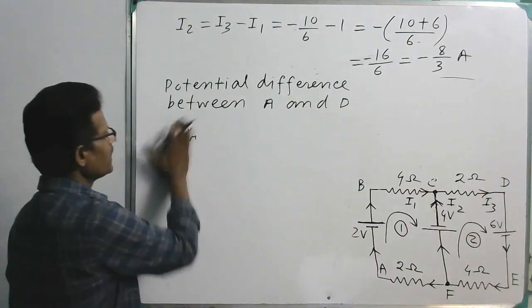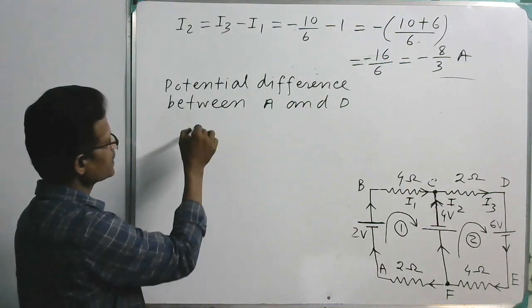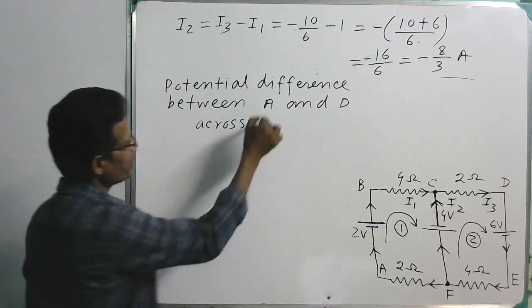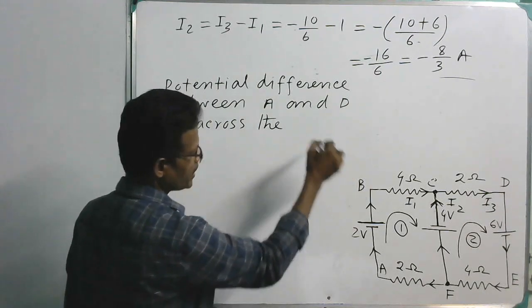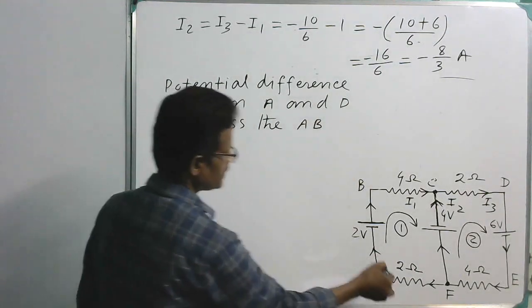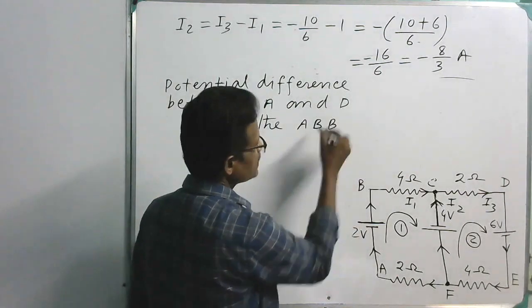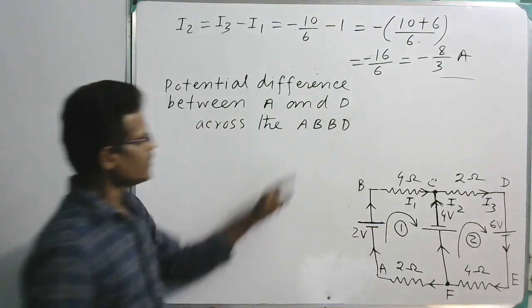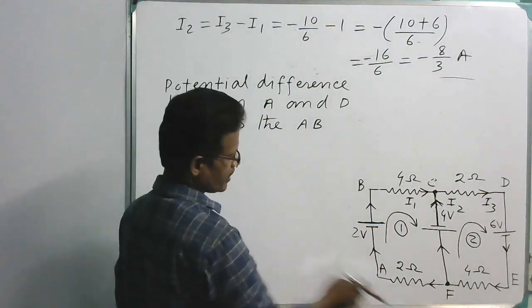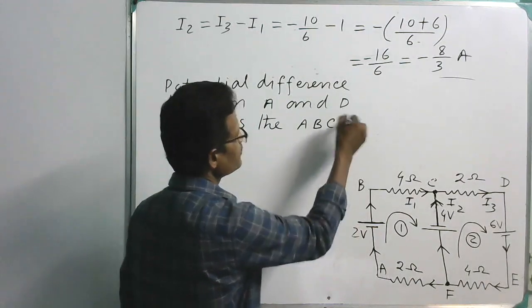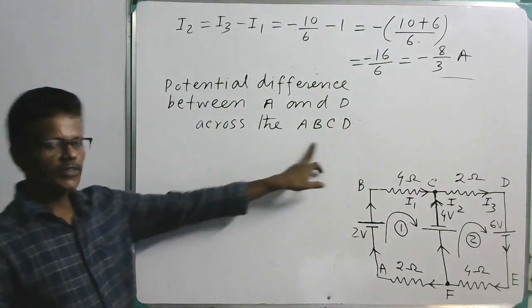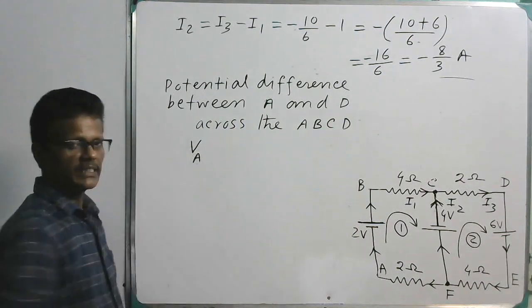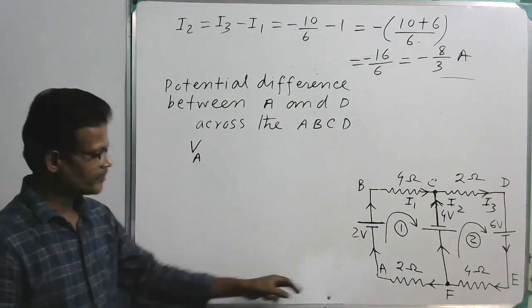So you can proceed in any way. Let us proceed across the path A B C D. So across the path A B C D, let the potential of point A be VA.